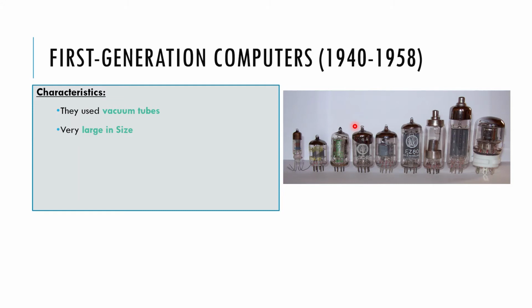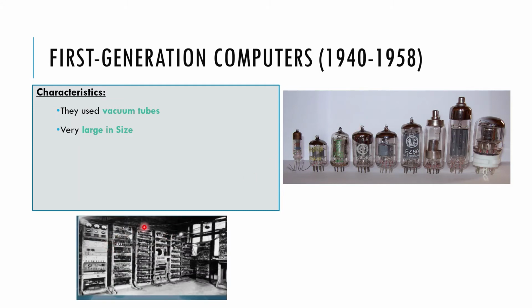They were very large in size. As you can see, very bulky, almost the size of a room. Small internal storage and very expensive because these vacuum tubes produced a lot of heat and the installation used to fuse frequently. Therefore, the installation of such computers was very expensive.